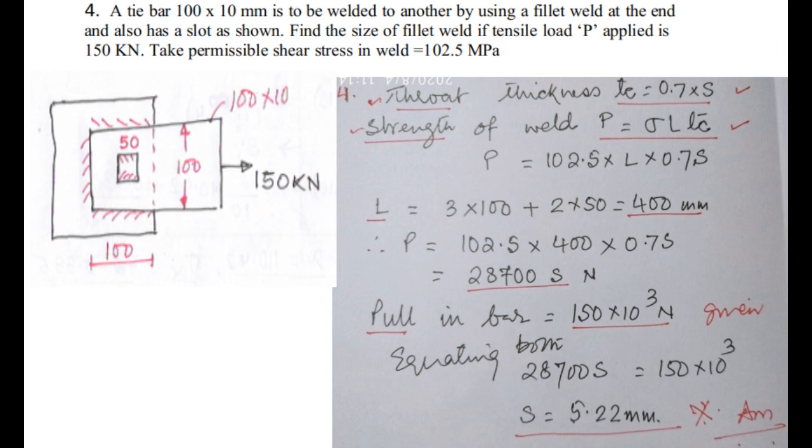How much load does it have to carry? 150 kilonewton, so 150 into 10 cube Newton. Equating both these equations, we get the size of the weld as 5.22 millimeter. So we can provide a 6 millimeter weld. Okay, so that's all. Thank you for watching.